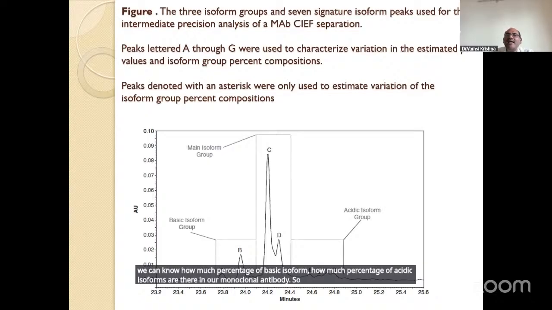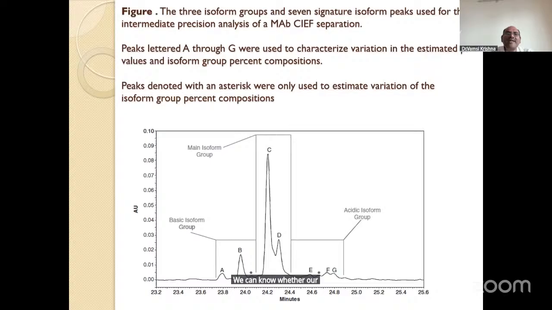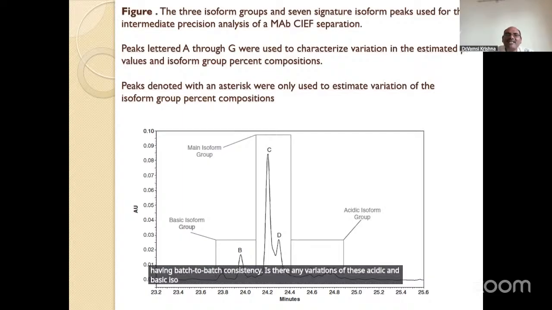Based upon the percentages of acidic and basic isoforms, we can know whether our monoclonal antibody has batch to batch consistency, or whether there are variations of these acidic and basic isoforms from batch to batch.